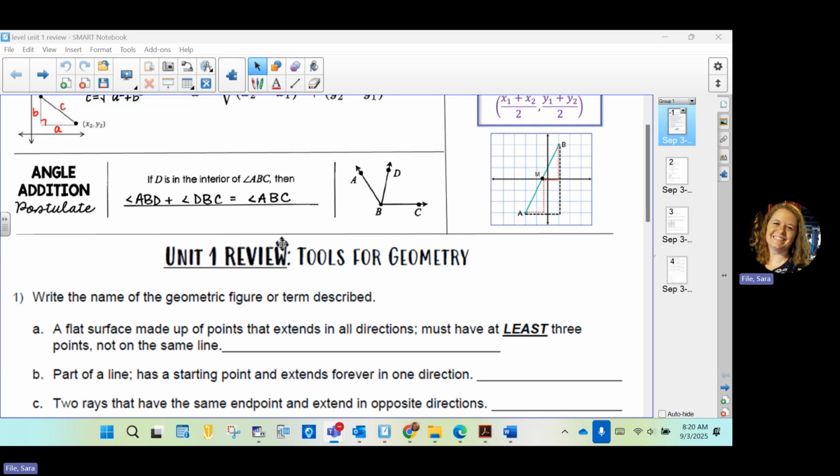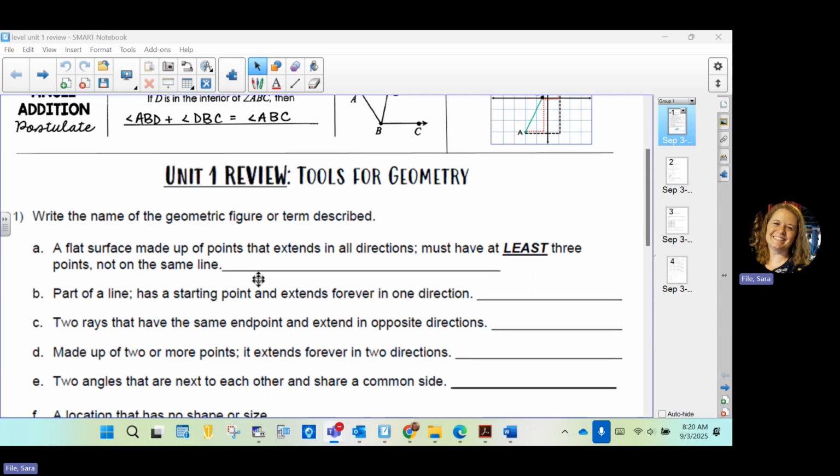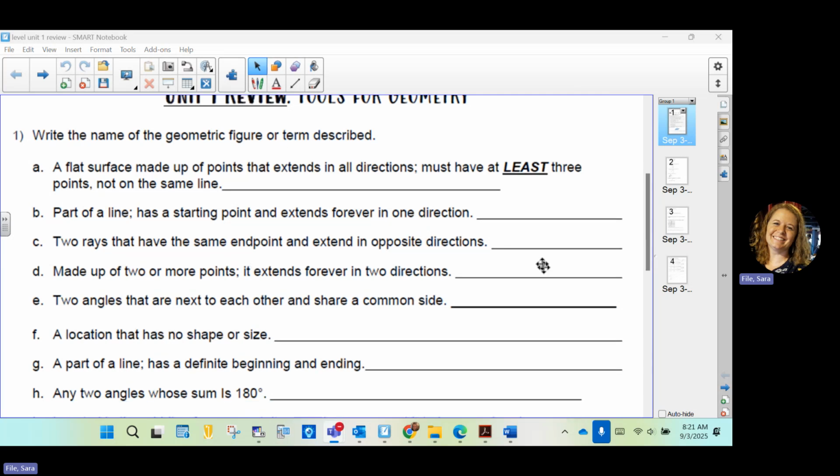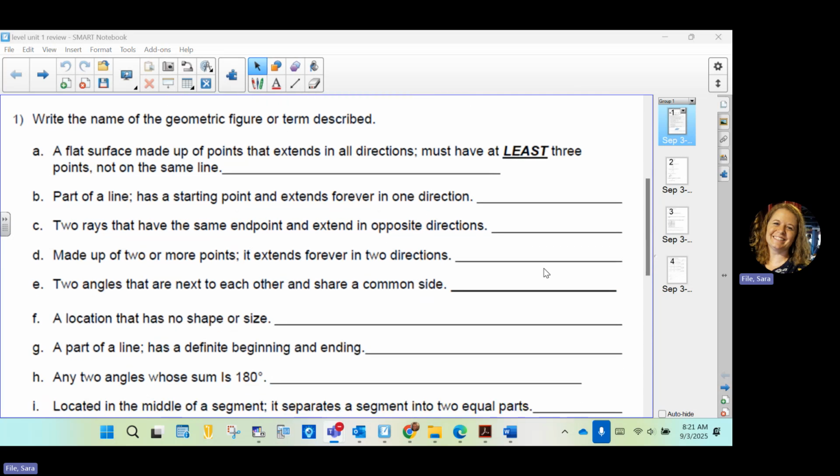I'm just going to start with the front so we can knock out all this vocabulary, because if you don't know the vocabulary, you're going to miss a lot of things, not because the math is hard, just because you didn't understand what it was asking. In number 1 here, and there is vocabulary on the test, there are multiple questions that are just vocab matching. Do you know what these terms mean?